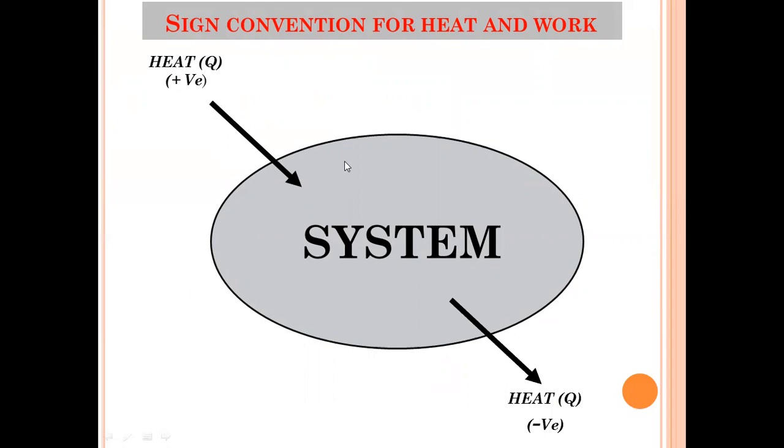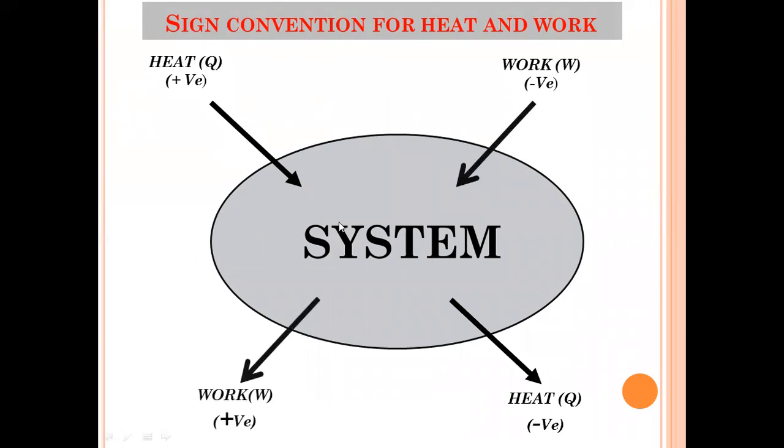Likewise, the work done on the system is considered as negative, whereas the work done by the system is taken as positive. So these are the sign conventions for the heat flow and the work done by the system or work done on the system. This sign convention is used while solving numericals or while doing the thermodynamic analysis of the system.